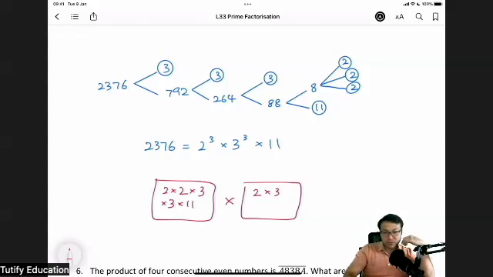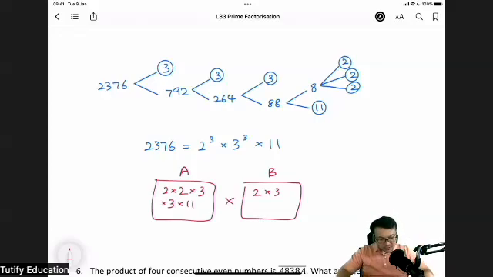Junchen, when you look at it like that, are the two groups the same? No. What is missing from group B? 11. 1 11. Yes. 1 2 and 1 3. Yes, correct.